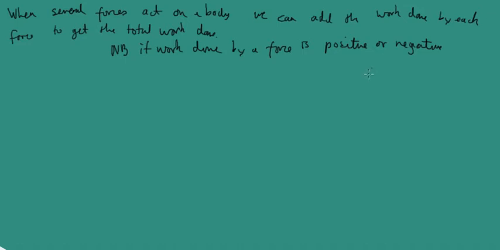You may also need to resolve the components of force into the direction of motion. And we'll look at an example of that next. So we've got a box of mass 5 kilograms.